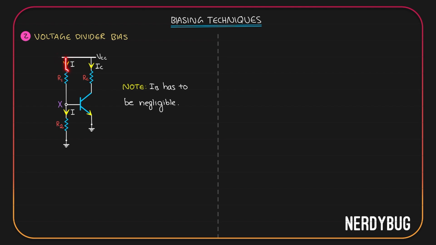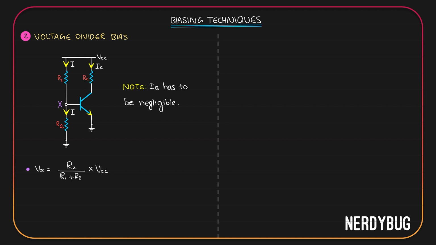It will be divided between R1 and R2, and whatever R2 gets is going to be Vx. Vx will be VCC divided between R1 and R2 and whatever R2 gets out of it, or we can write R2 by R1 plus R2 multiplied by VCC.